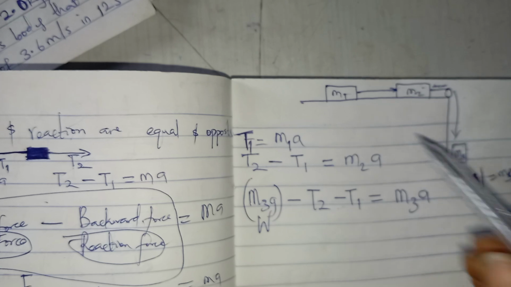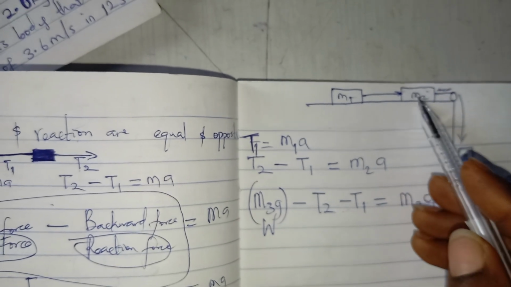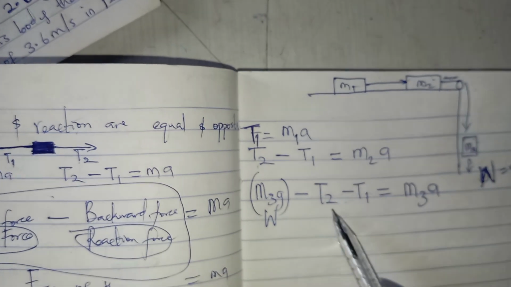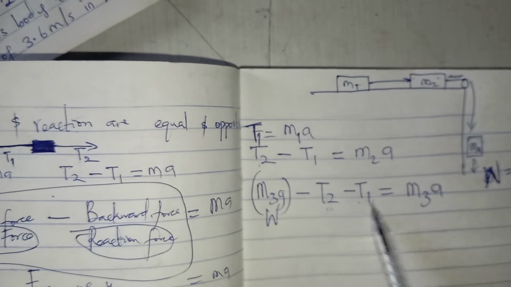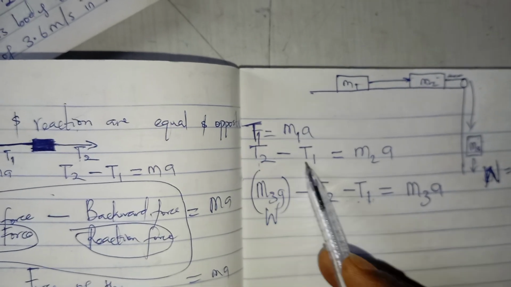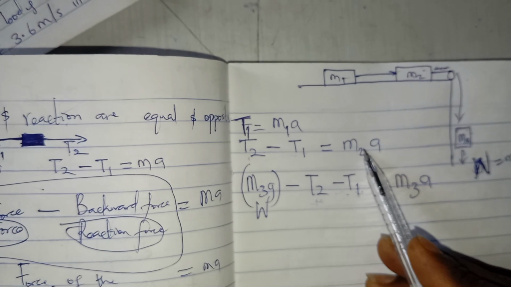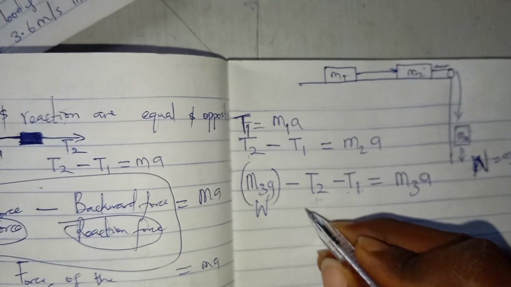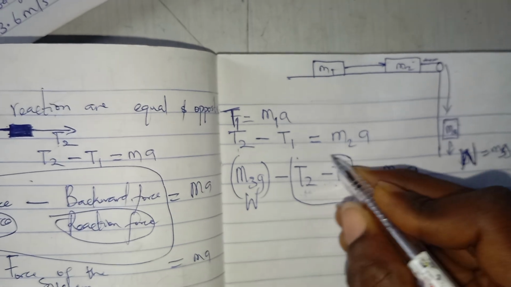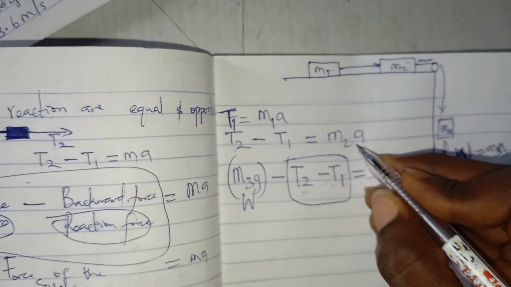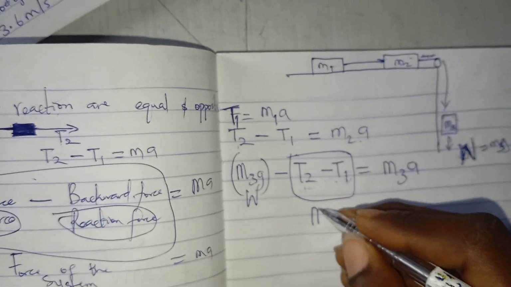And remember that everything here is the same thing as what is here, and is equal to this. So I can simply replace the whole of this with what it is equal to, which is M2A.